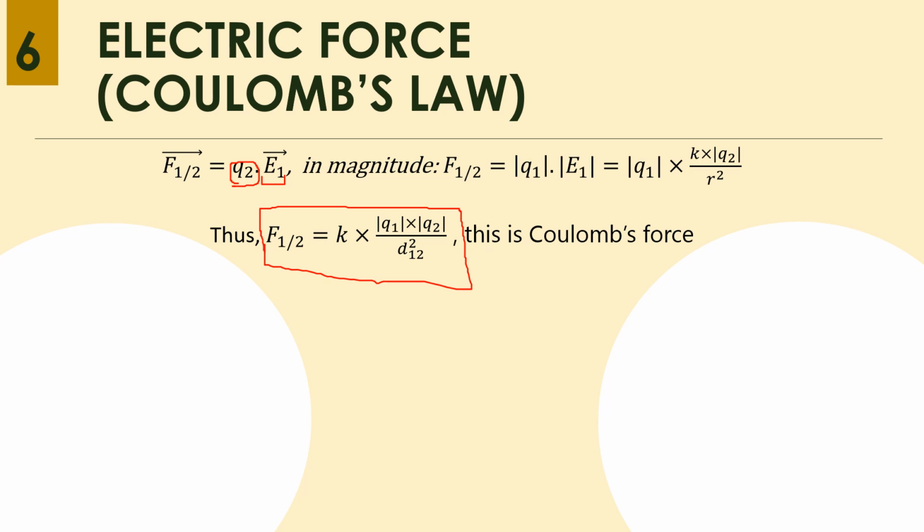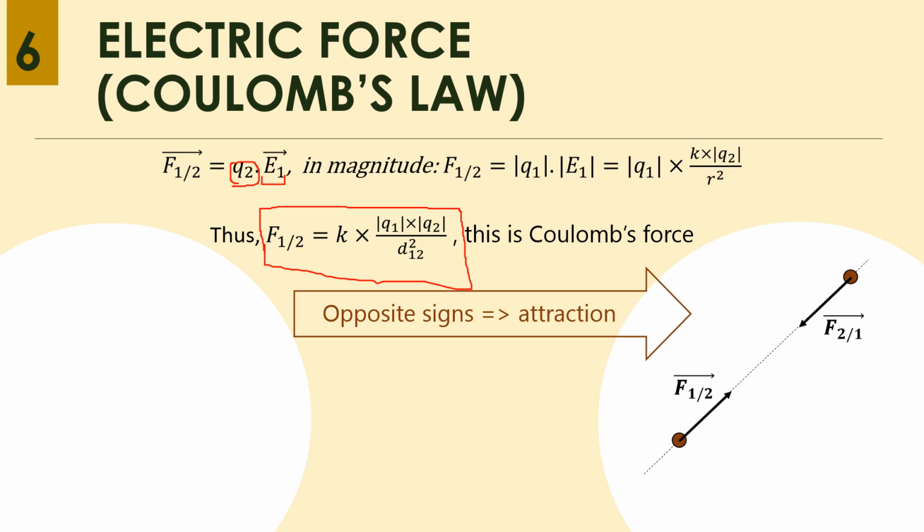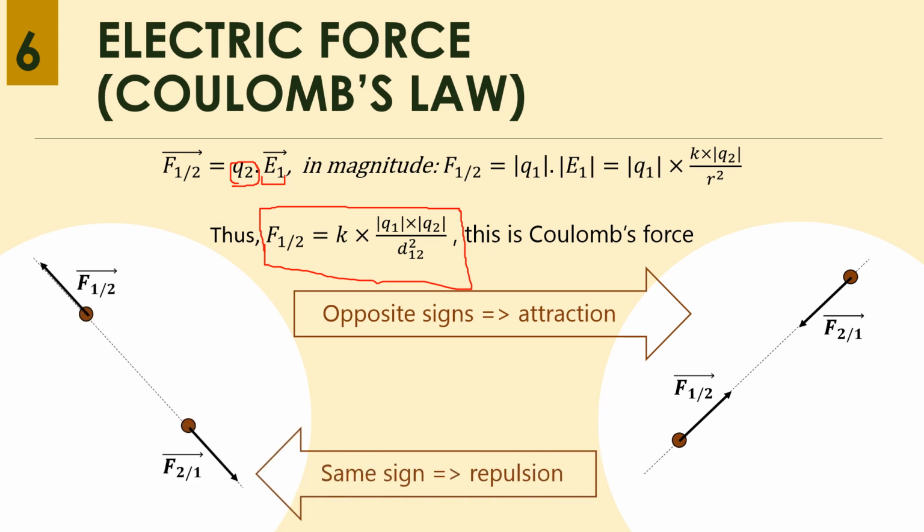Now we have two different scenarios. If we have opposite signs of charge, not opposite charges, opposite signs, one positive and the other negative, we'll have attraction. But if we have same-sign charges, we will have repulsion. This is not something surprising. We have seen it maybe in grade 10, and you talked about it in chemistry in grade 8 as well.